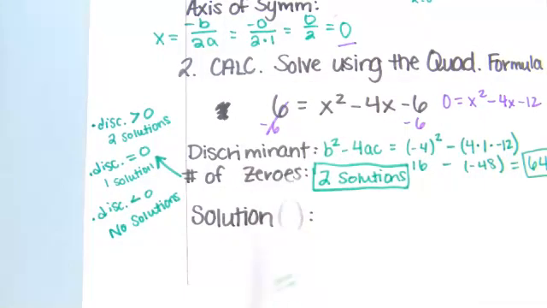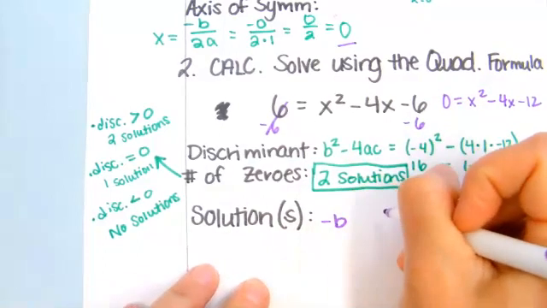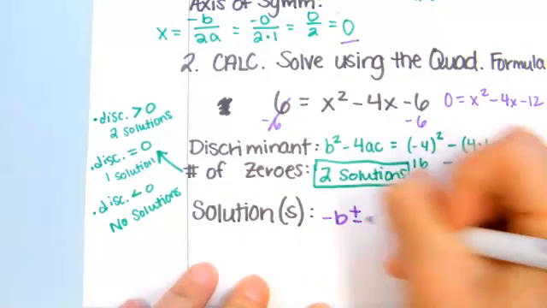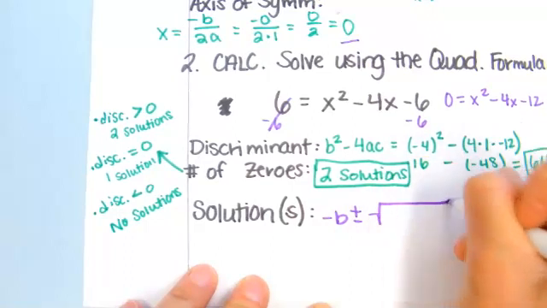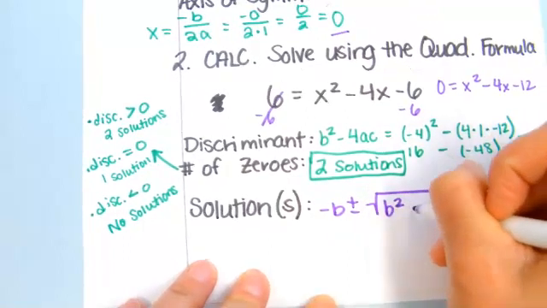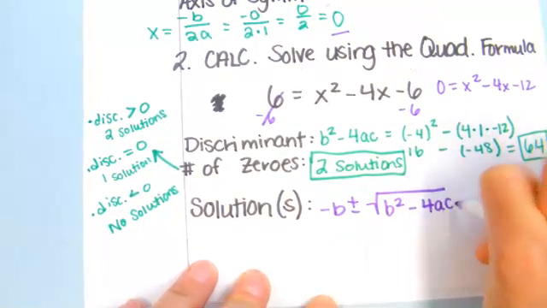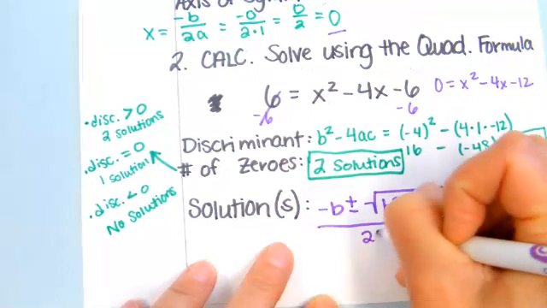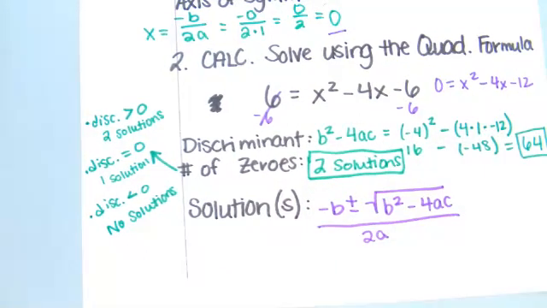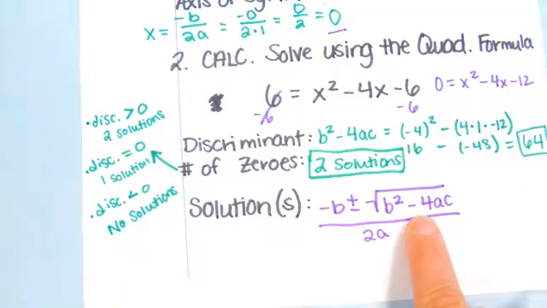Because it now says use the quadratic formula, which we know is negative b, then what? Plus or minus square root of b squared minus 4ac, all over 2a. Okay, which part of this do we already know? We already know this whole bottom part, don't we?